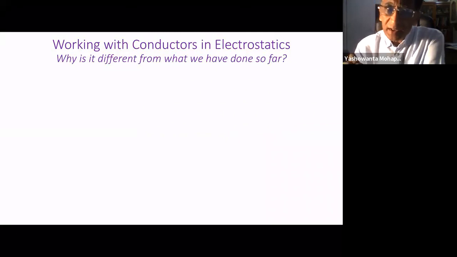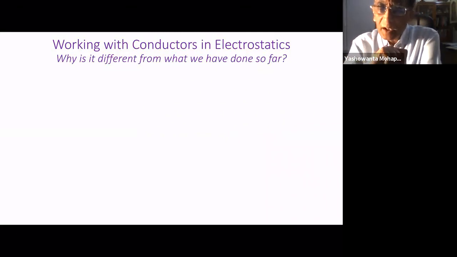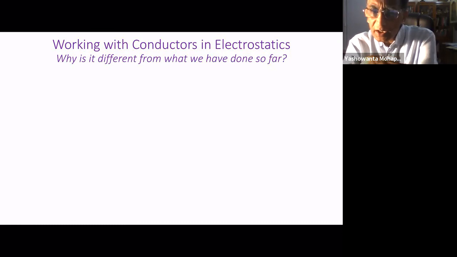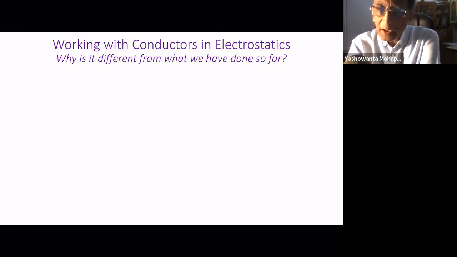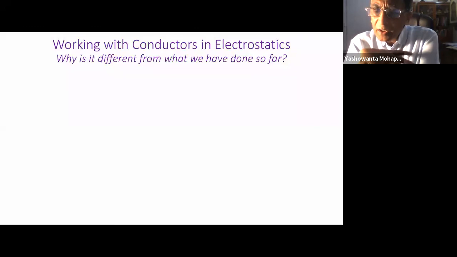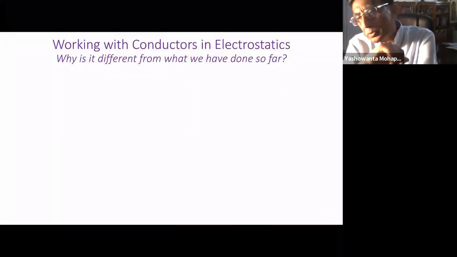So what is it that makes working with conductors difficult? Working with conductors in electrostatics is different in some sense, because the conductor seems to have a mind of its own.